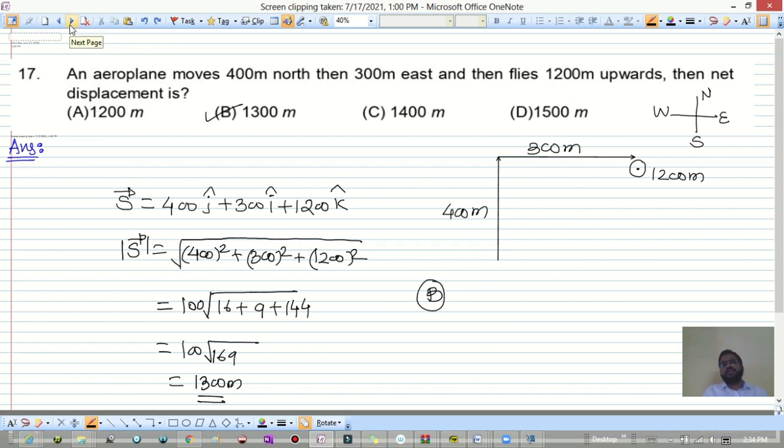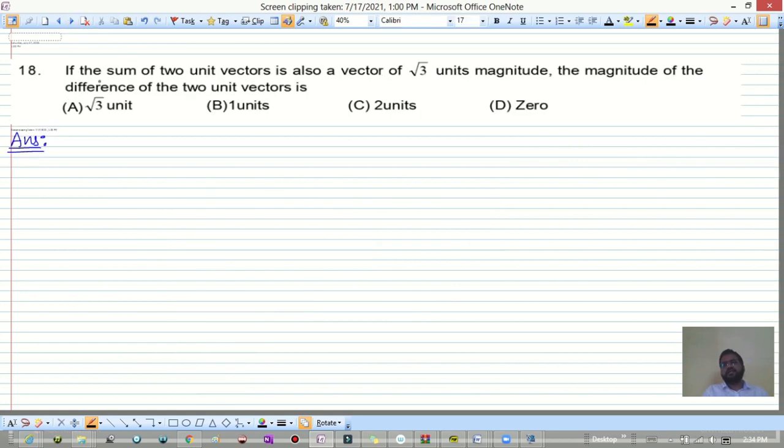Okay, so next we have the 18th one. If the sum of two unit vectors is also a vector of root 3 unit magnitude. So sum of two unit vectors, let us consider a hat is the unit vector plus b hat is the unit vector, and the sum of this is equal to, let us consider c bar, some other vector we have, and has a magnitude of root 3.